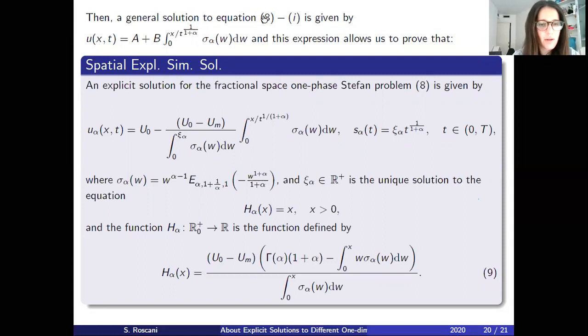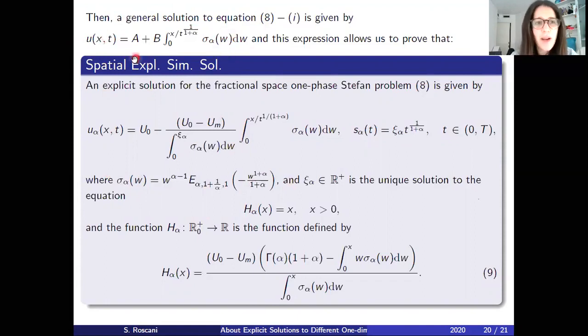Then a general solution, in terms of the three-parametric Mittag-Leffler function, of a special one-dimensional space fractional diffusion equation is given in these terms, a general similarity solution.